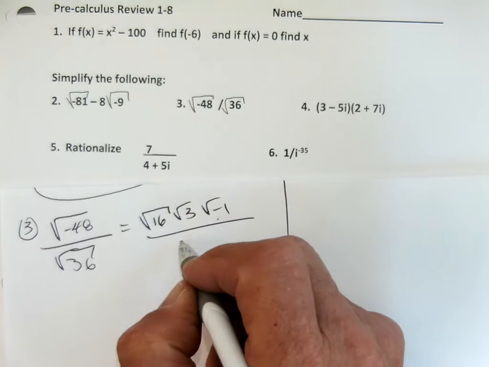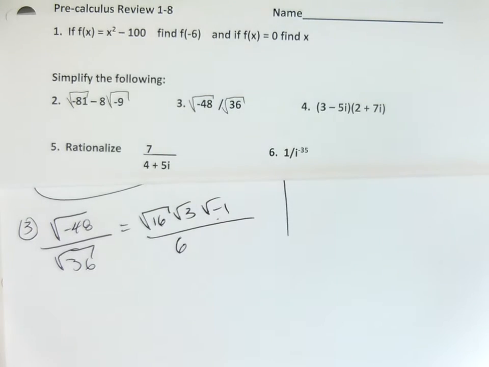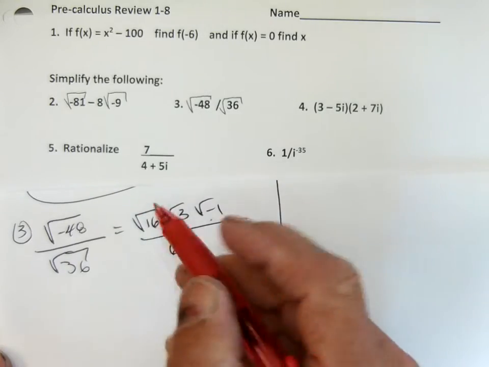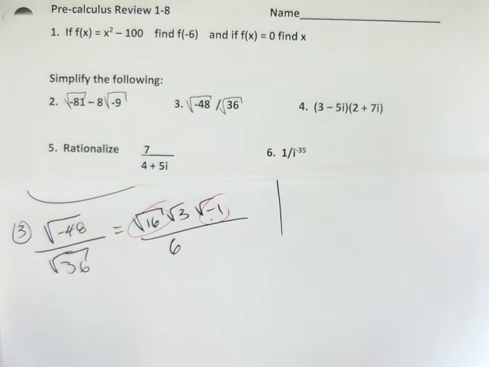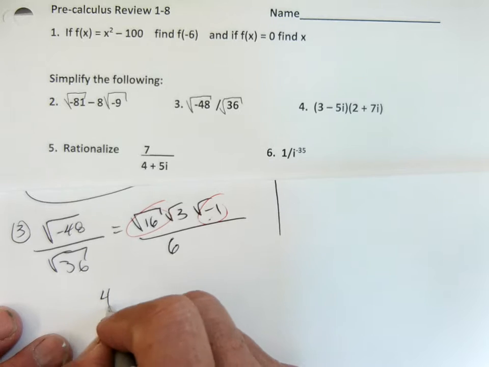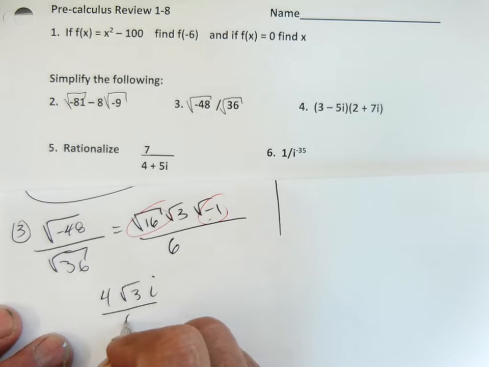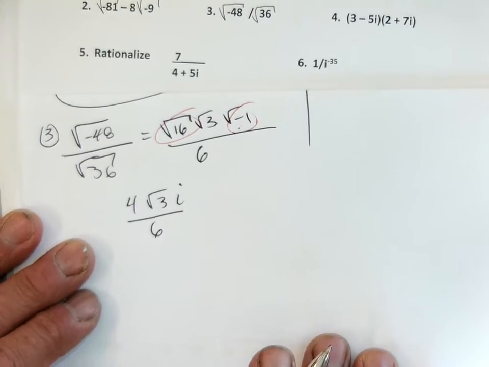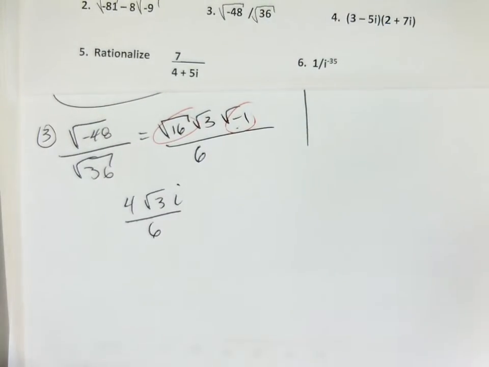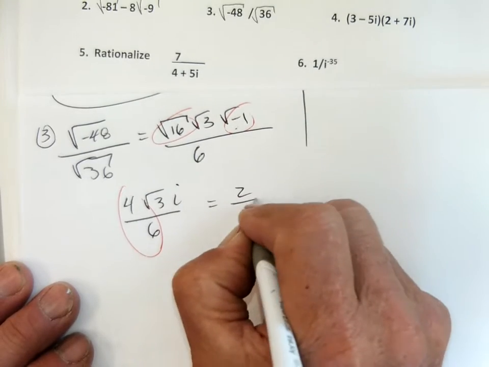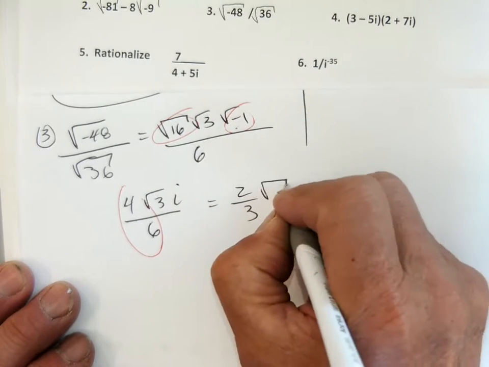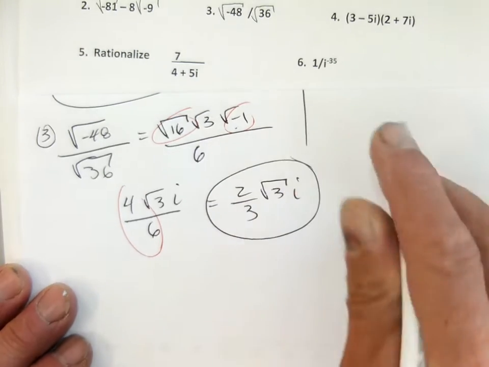Square root of 36 just goes straight to 6, okay? Plain old 6. So then I can change that to a 4 and that to an i. So I'm going to have a 4 square root of 3 i over 6. And I may as well reduce my 4/6 to 2/3 square root of 3 i, okay?